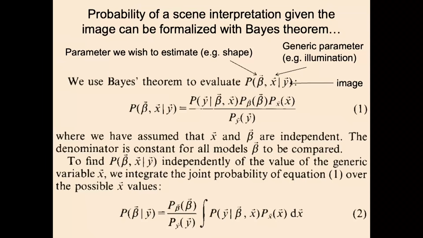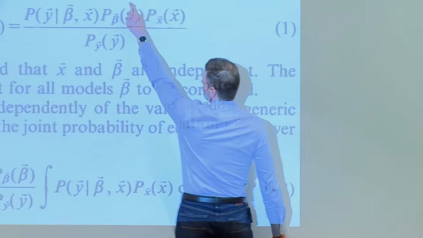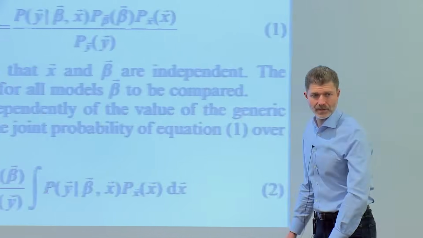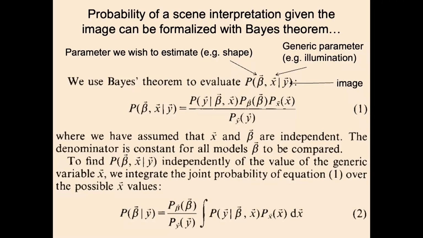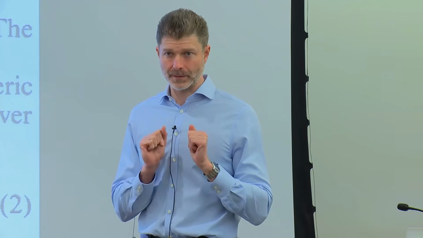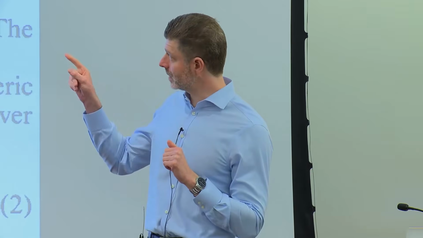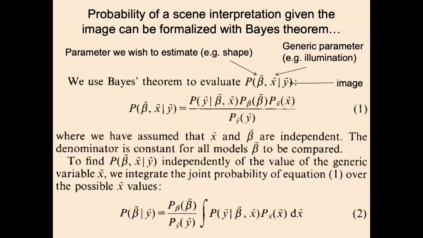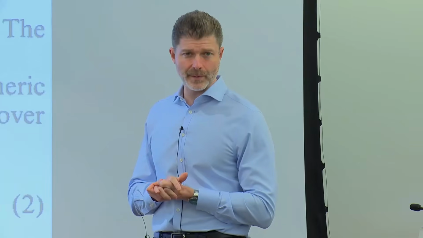Now this looks a little different than what you have been used to seeing, because now there are 2 variables here, beta and x. So we're now dealing with a situation where the scene is defined by at least 2 variables. In this particular setting, one of those variables is the shape of the surface, and the other is the direction of the illumination.